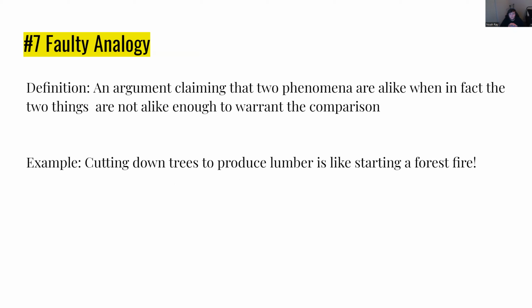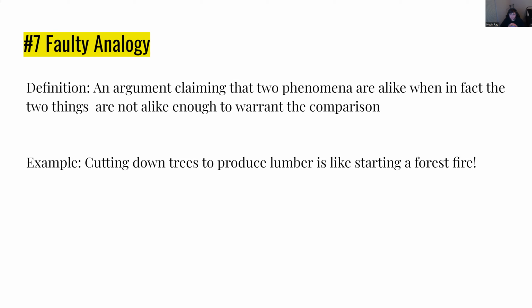Number 7 is a faulty analogy. This is when one makes a claim that two phenomena are alike when, in fact, they are not similar enough to warrant a comparison. The example I'm using for this is cutting down trees to produce lumber is like starting a forest fire.